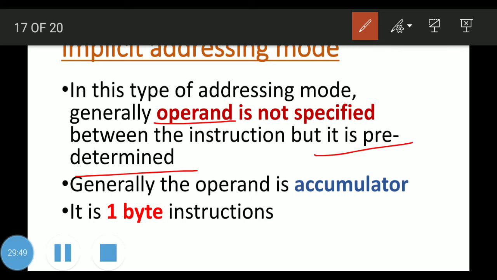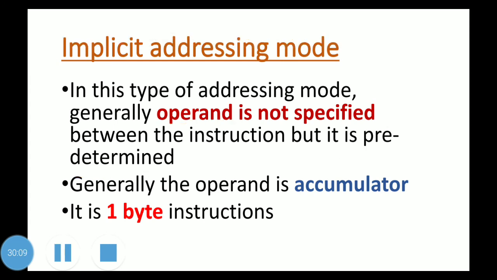In this, generally the operand is the accumulator. 99.9% of the time the operand is the accumulator itself. It is a single byte instruction, a 1 byte instruction. Once again, in this type of addressing mode, generally the operand is not specified in the instruction, but it is predetermined. Generally the operand is the accumulator, it is a 1 byte instruction. Let us understand this with one example.